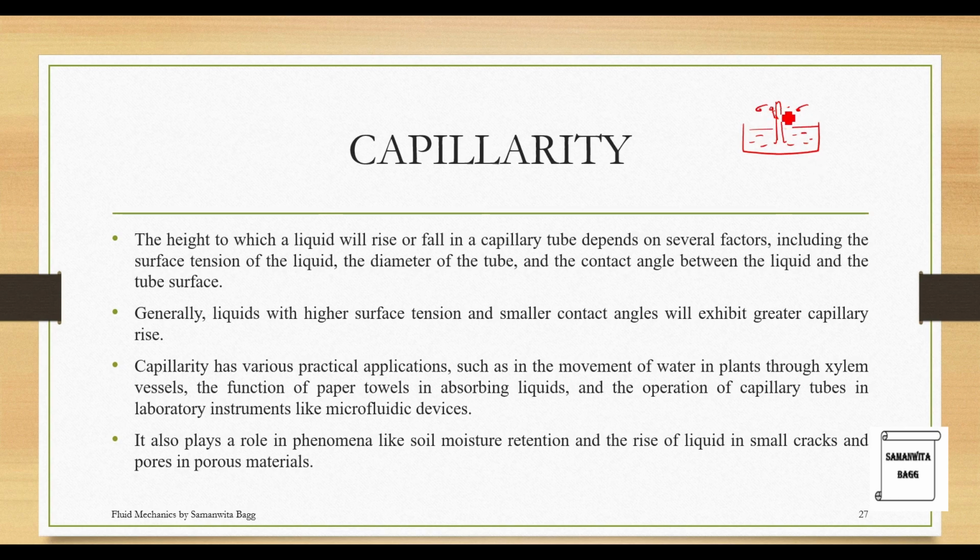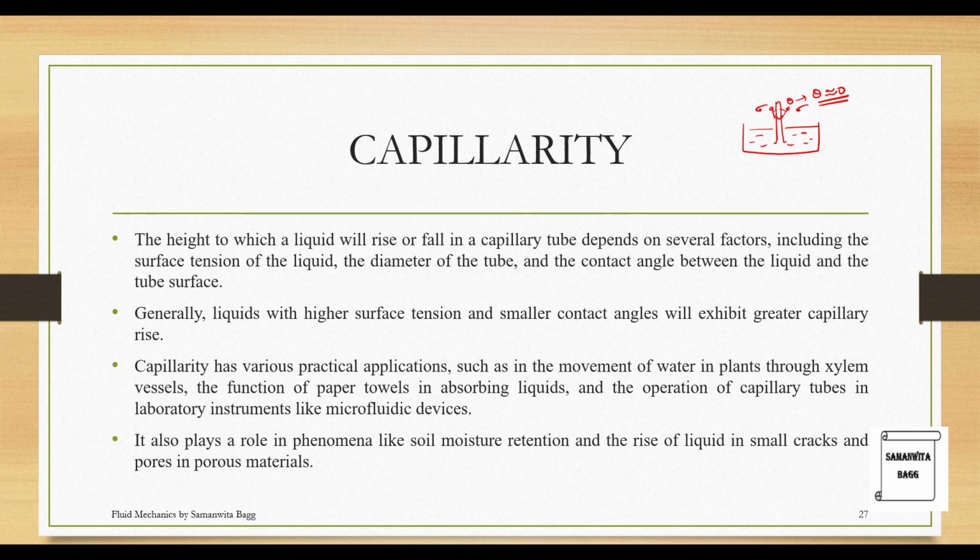This is the contact angle theta. This value is approximately equal to 0 for the water and tube contact surface. In water, the adhesive force is more. It sticks more to the surface of the capillary tube.